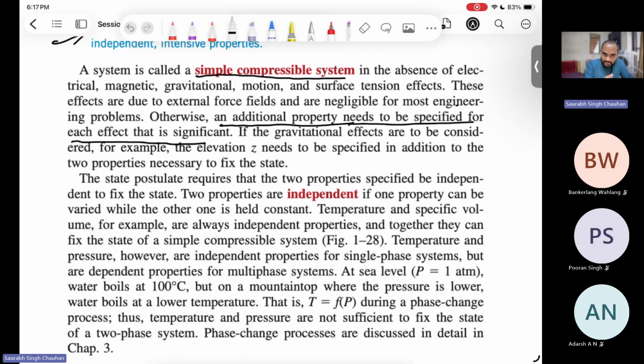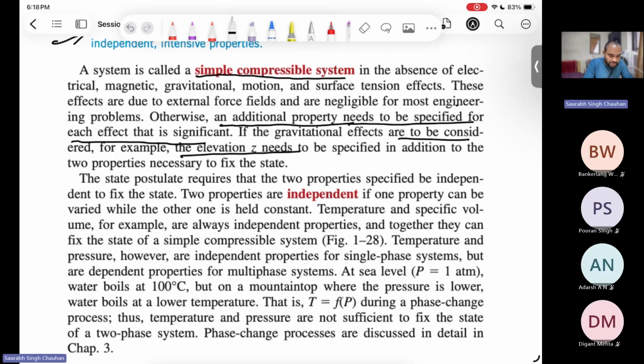So for a simple compressible system, we said that we require only two properties. But if you add one more external field, for example, gravity, then you will require one more independent variable. Okay. For example, if the gravitational effects are to be considered, then elevation Z needs to be specified. Okay. So that Z is another independent property.